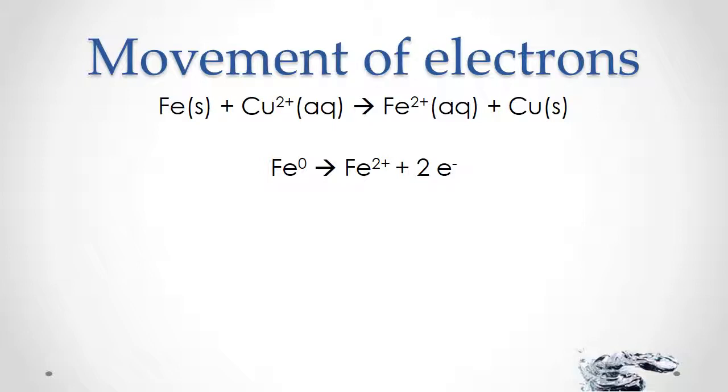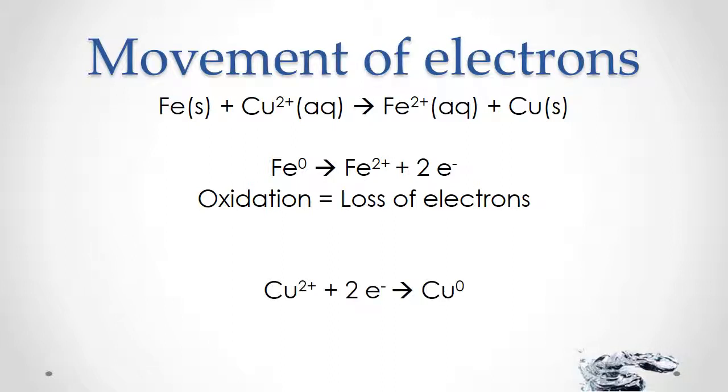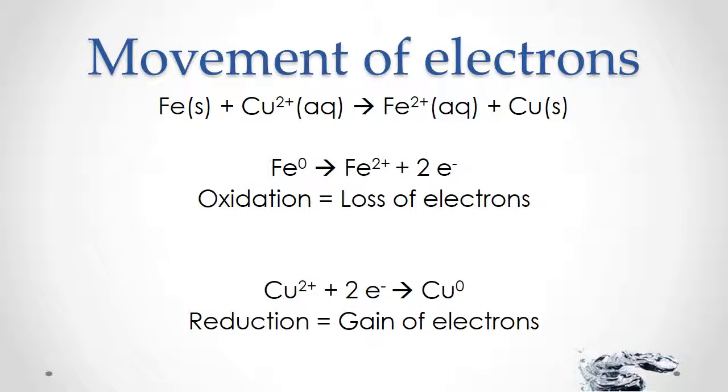Well, when we want to classify that, anytime we lose electrons, we're undergoing what we call oxidation. The exact opposite occurs with the copper. Copper 2 plus gains 2 electrons to get a zero charge on the copper. This is considered a reduction. So anytime you gain electrons, you undergo a reduction.